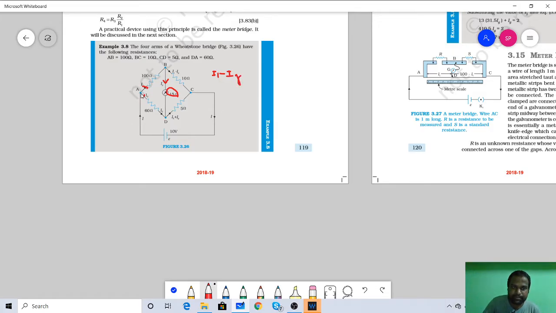Similarly, from A, I2 is flowing, but Ig will come and meet I2 here. That's why Ig and I2 are both input currents at the junction D. So the net output current will be I2 plus Ig.